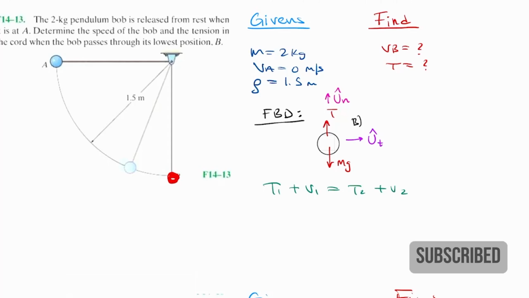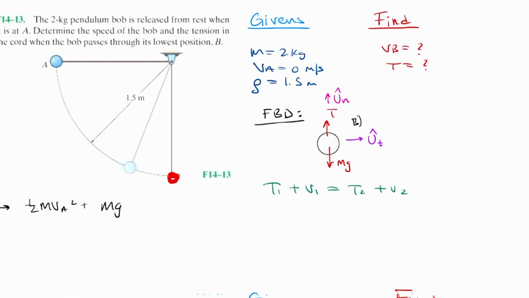Substituting in the equation, this will be 1/2 mass times vA squared plus mass times gravity times height at A equals 1/2 mass times velocity at B squared plus mass times gravity times height at B. From here we can eliminate a couple of things. We know the velocity at state 1 is 0, so that whole term goes away.